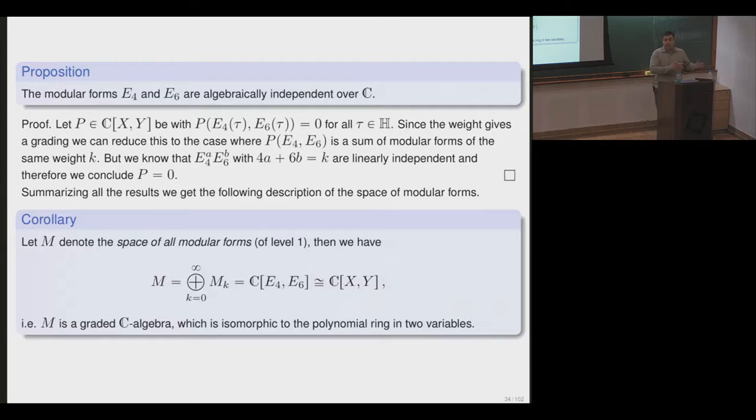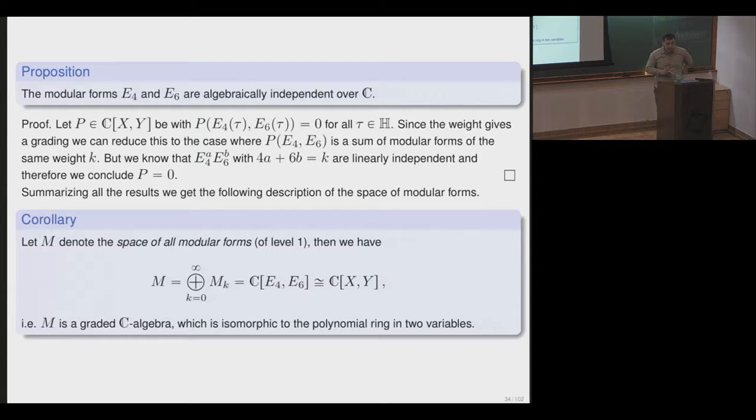And at the very beginning, we have proven that there's no relation between modular forms of different weights, and therefore there is no possibility for a non-trivial polynomial to hold for E4 and E6.